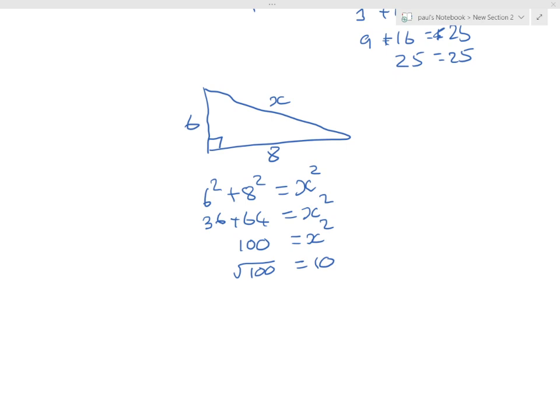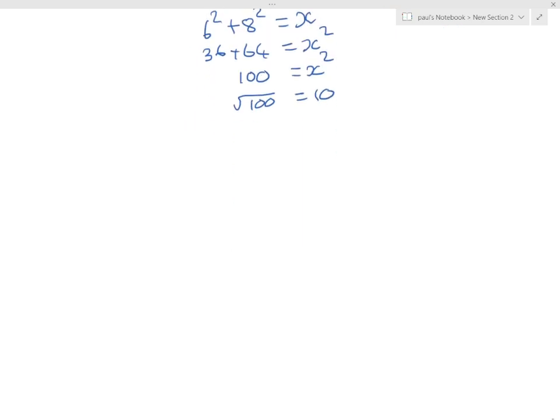So that's how to find the longest side when you are given the two shorter ones. Now if you're given one long and one short, you get this kind of thing. And this is obviously not to scale because I'm just drawing these freehand. Say we don't know that one, and that's 20 and that's 15. Now this time we subtract.